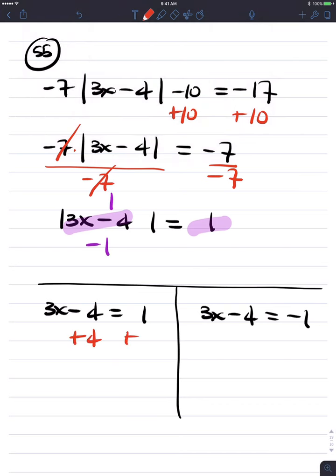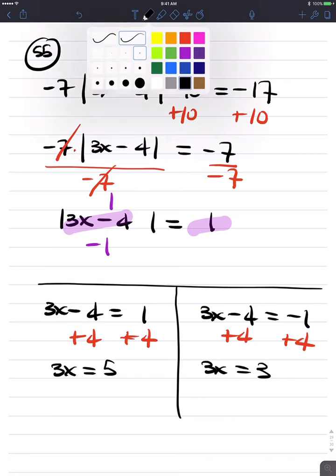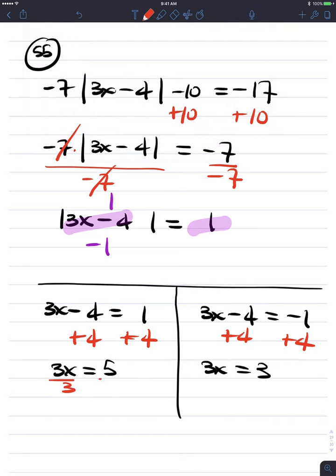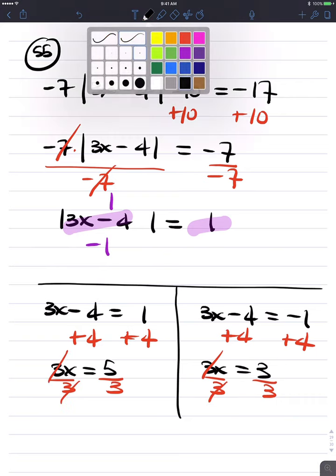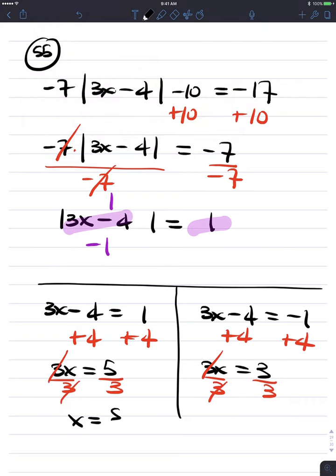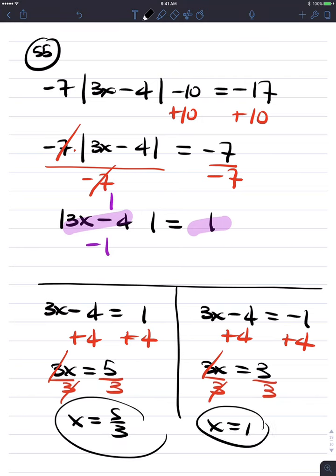Add 4 to both sides. We end up with 3x is 5, or 3x is 3. Divide both sides by your 3. Get cancellation on the left here. You're going to have x is 5/3, or x is 1. These are our solutions.